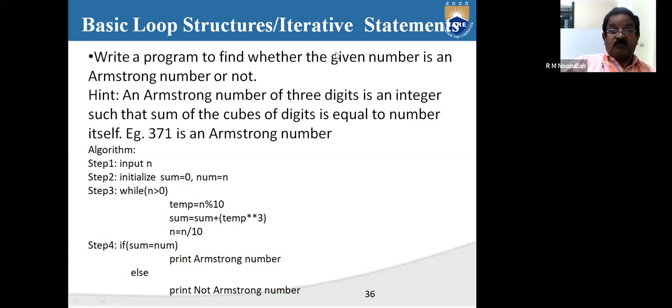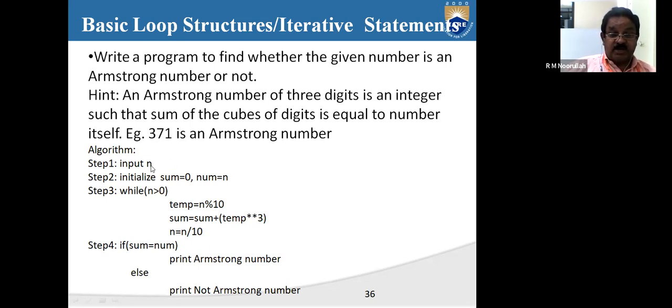So write a program to find whether the given number is an Armstrong number or not. The hint is that the sum of the cubes of each digit of that number equals the number, then it becomes an Armstrong number. That is, 3 cube plus 7 cube plus 1 cube equals 371. So you input the number and initialize sum equals 0, and num equals n, whatever number has been entered.